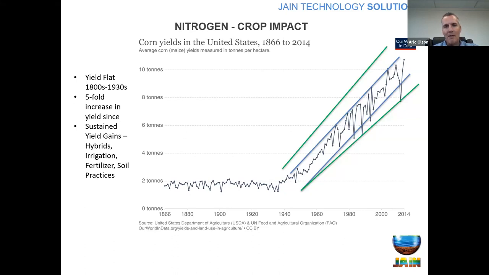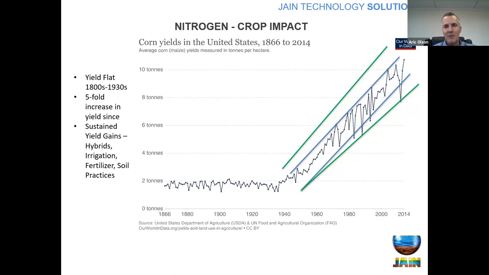I put my own graph lines on there to show the general trends in the variance. It's not a straight line trend. There are good years and bad years, there are droughts and things that happen, but in general that trend is strong.